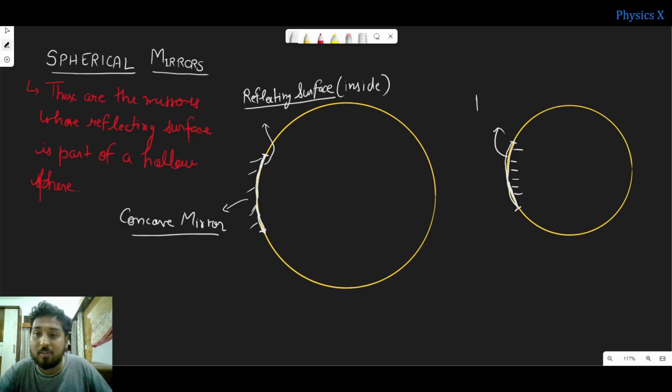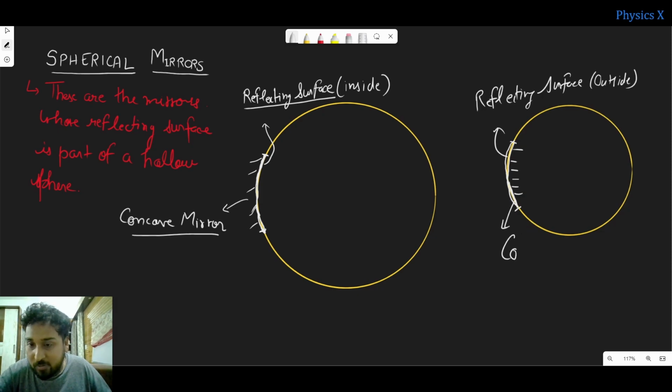Now you can see that this reflecting surface is outside of the sphere. So this type of mirror is called a convex mirror.